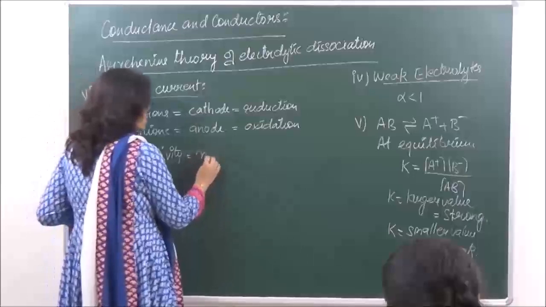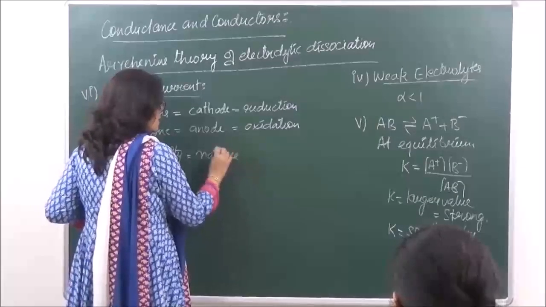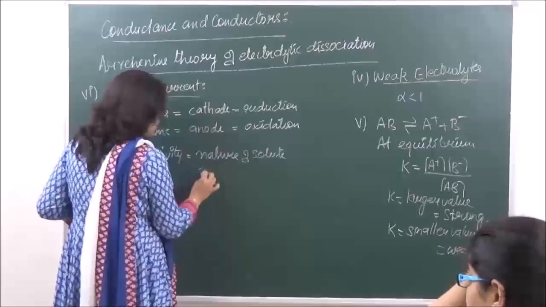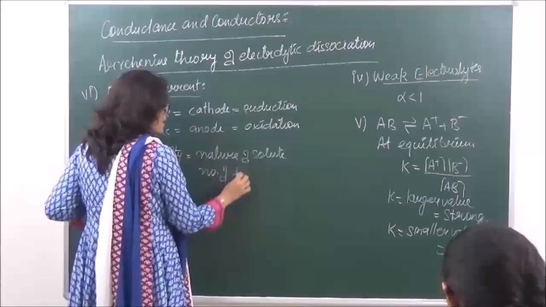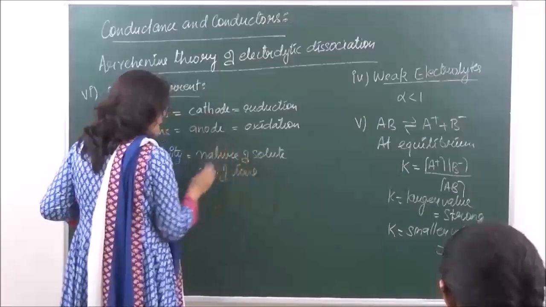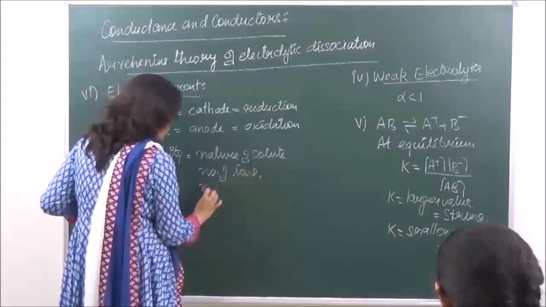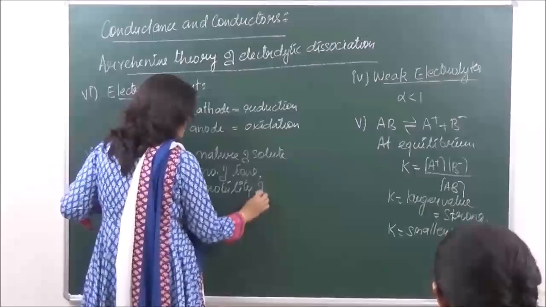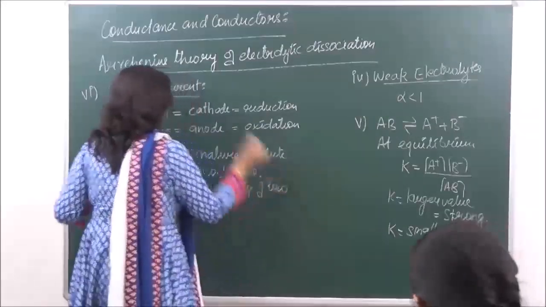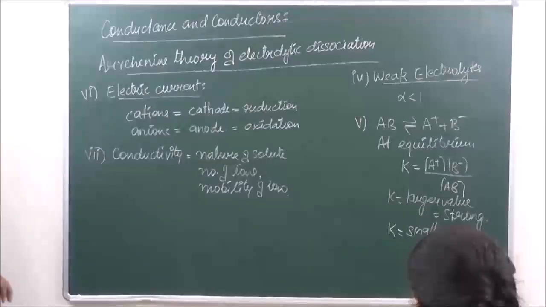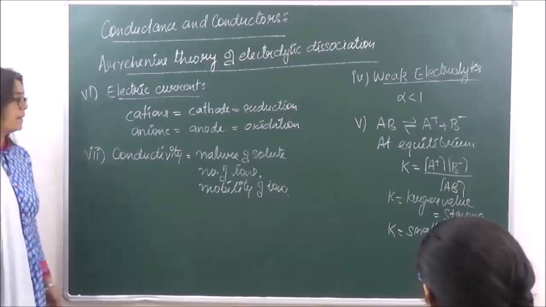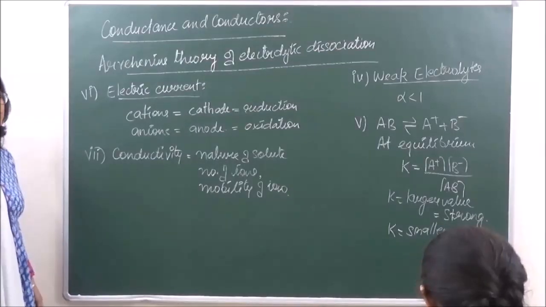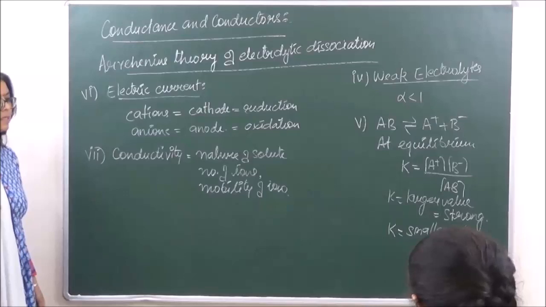It will depend upon the nature of the solute, the number of ions, and the mobility of the ions. So these are the three things on which conductivity depends: the nature of the solute, the number of ions, and the mobility of ions. ठीक है?